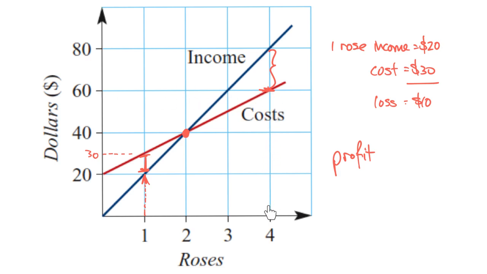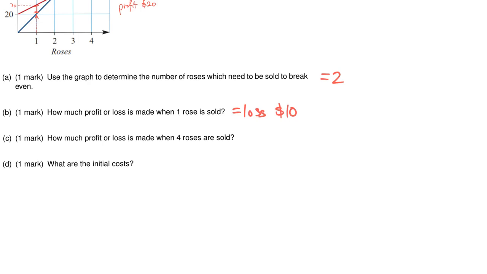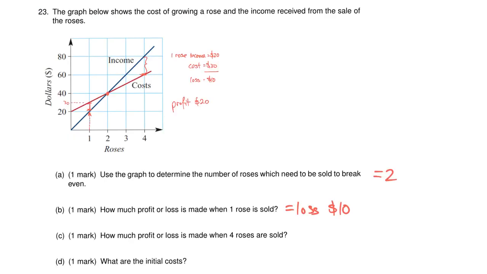But my income for 4 roses is actually $80. So I've made a profit of $20. With 4 roses, I make a profit of $20.